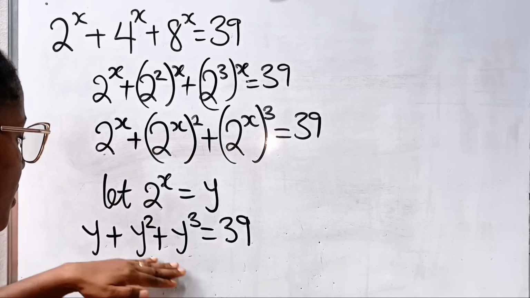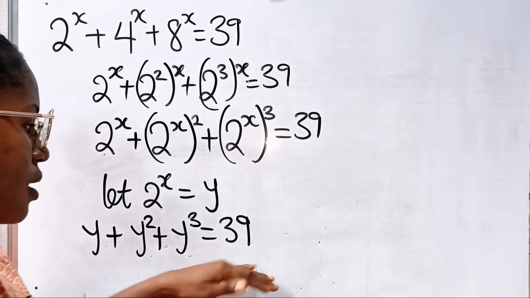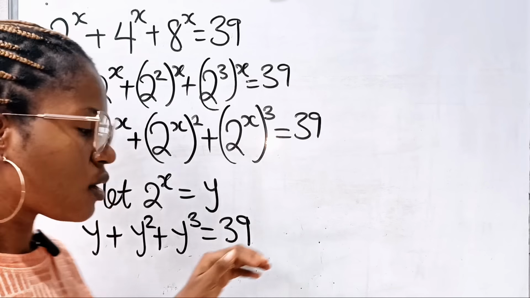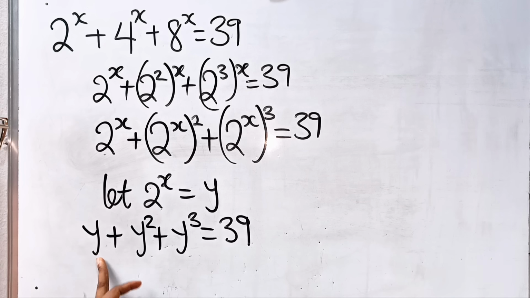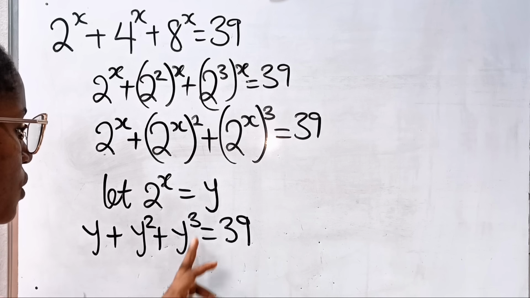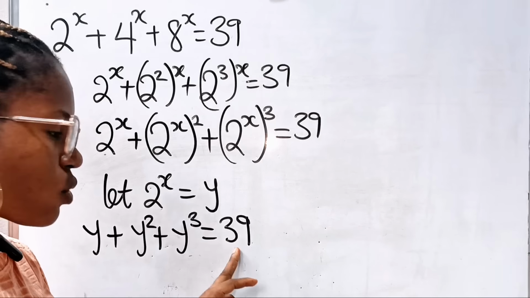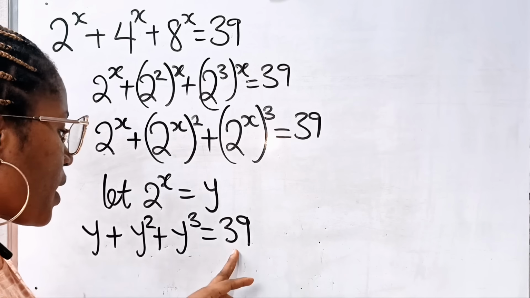Now I want to balance this side of the equation with this side. So this means that a particular number is raised to the power of 1, raised to the power of 2, and the same number is also raised to the power of 3. Can we have such a number that, when we add them together, we get 39?